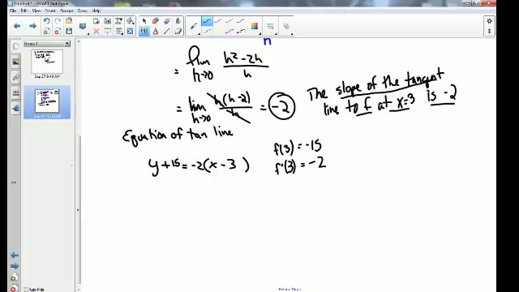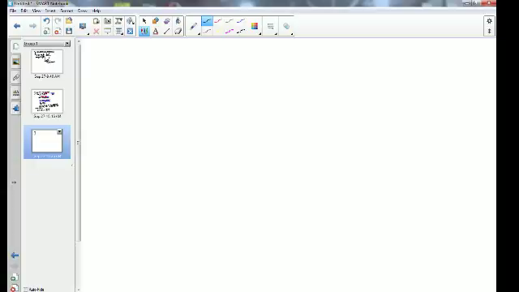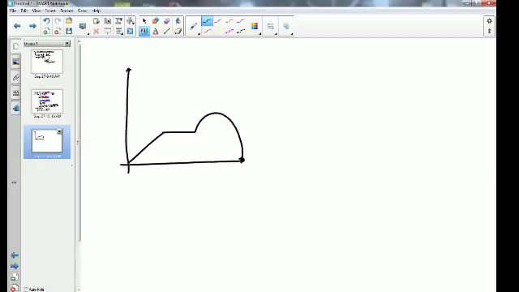So you've got the two limit definitions, right? Let's talk about where derivatives may not even exist. I probably should have done that. Okay, let's call this some function.